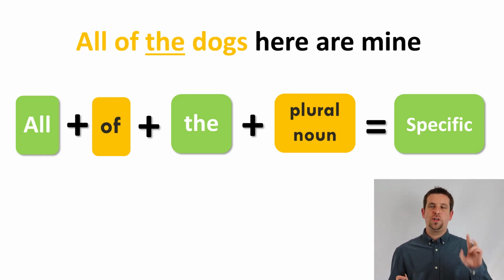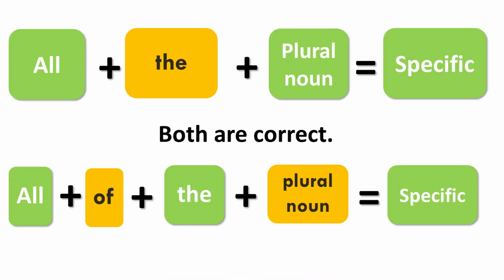To say "all the dogs here are mine" or "all of the dogs here are mine," it's the same idea, no change in meaning. Absolutely the same. And this is where it's important to see that both forms are correct. We can say "all the" plus a plural noun, all the dogs, all of the dogs, and again it's talking about a specific group of dogs that you know or that you can see.